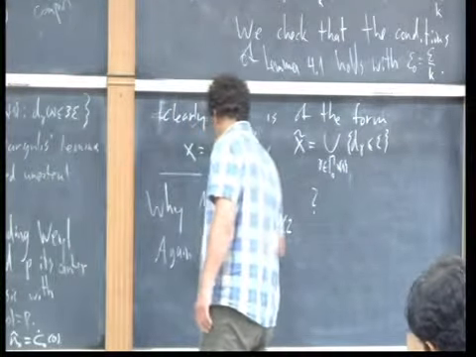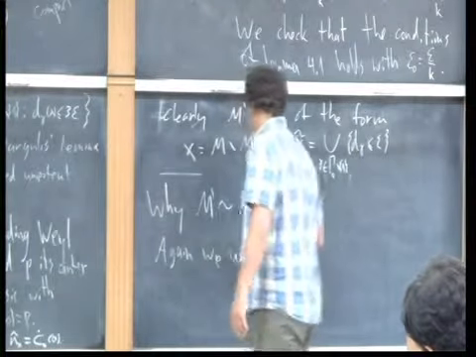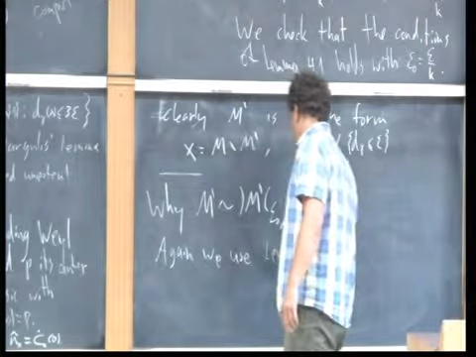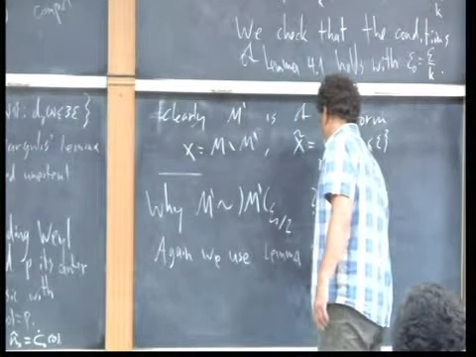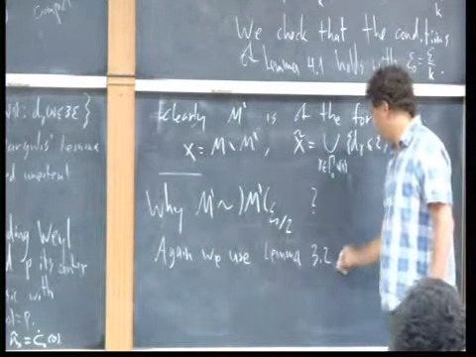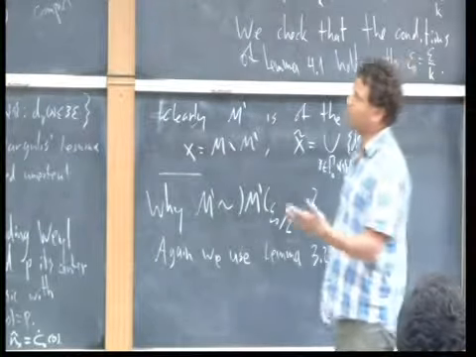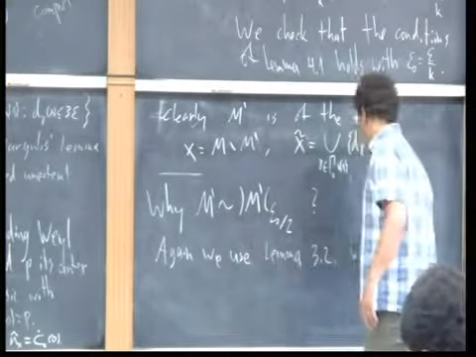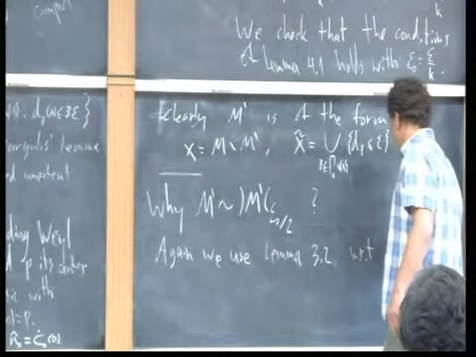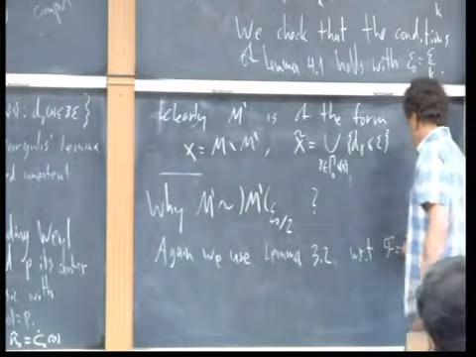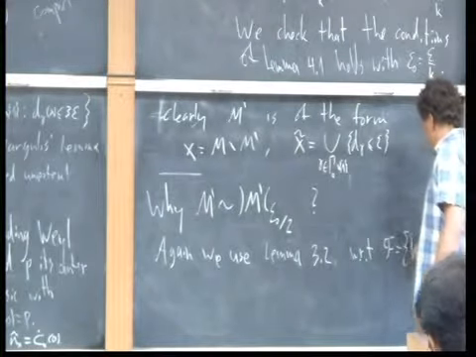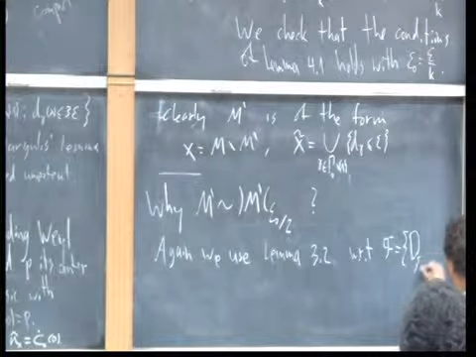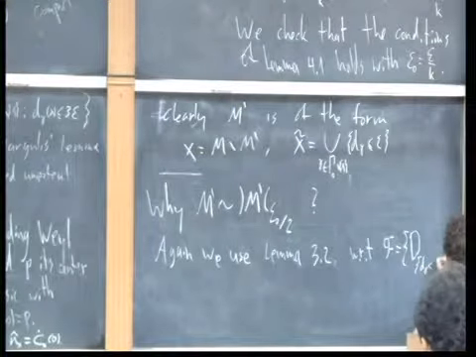lemma 3.2. With respect to which function? With respect to the displacement function. f is now the family of distance functions from the sets d gamma less than epsilon.